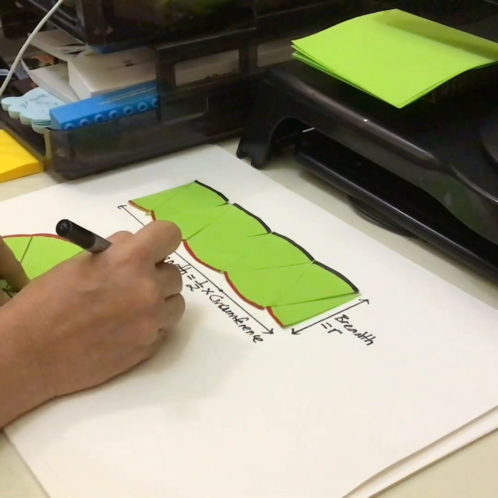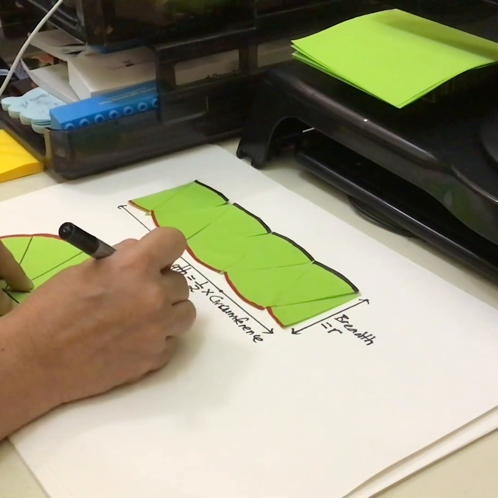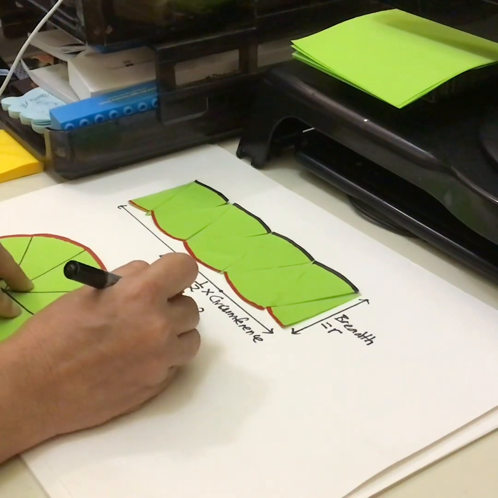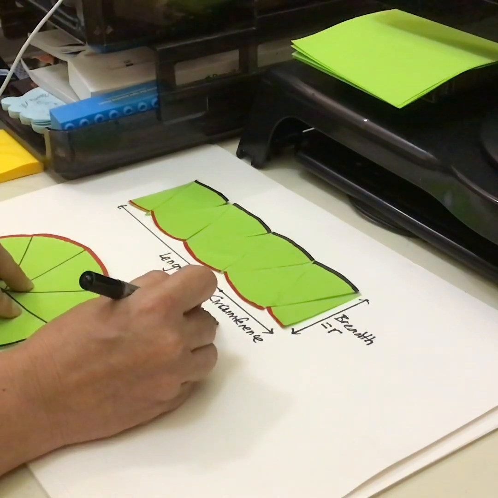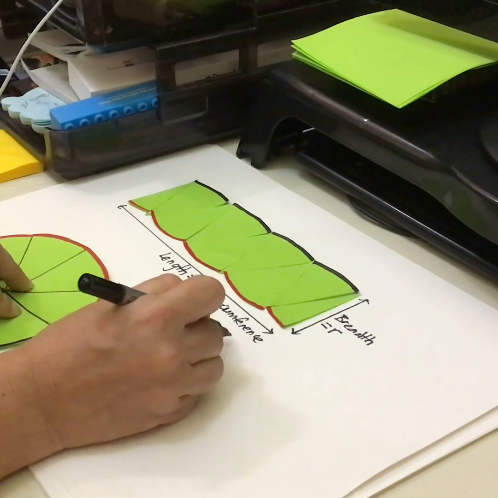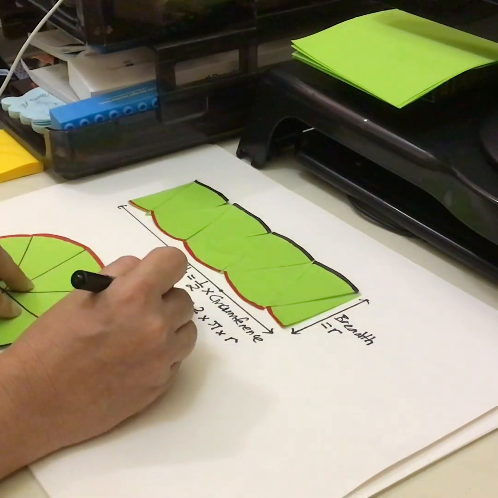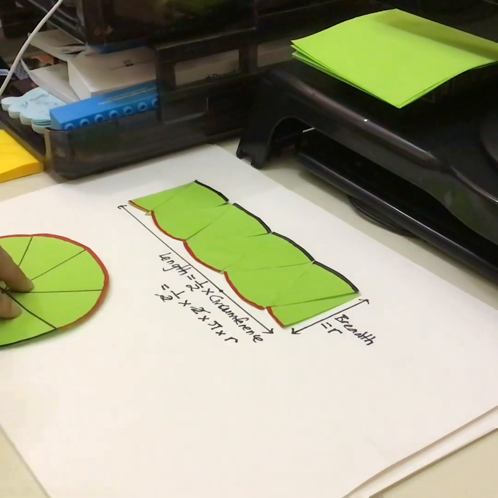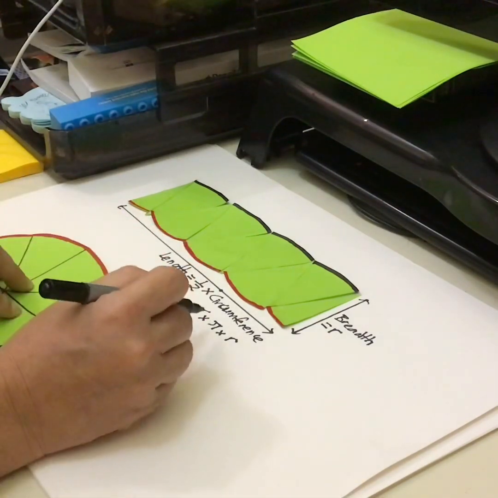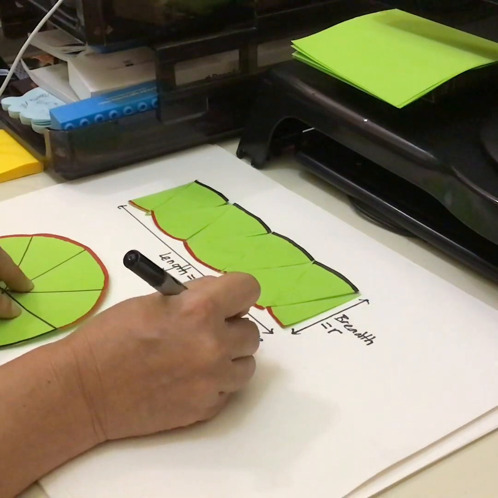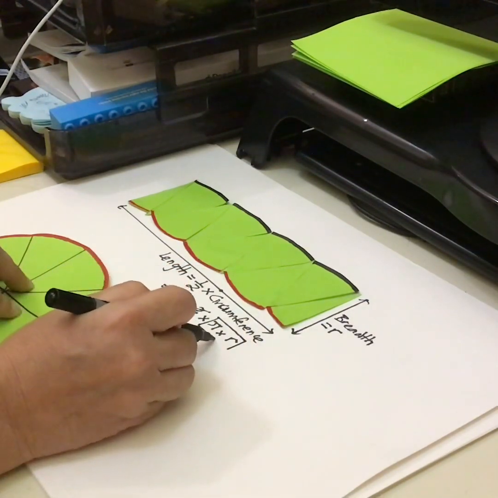We know that the formula for finding the circumference of the circle is 2 multiplied by pi multiplied by radius. So we can divide by the two here, and what you are left with is pi multiplied by radius.